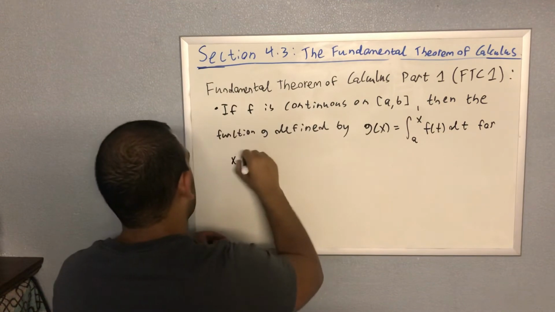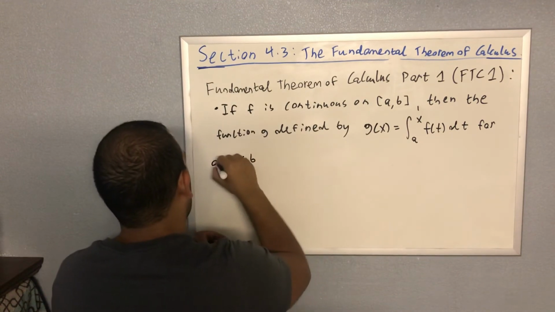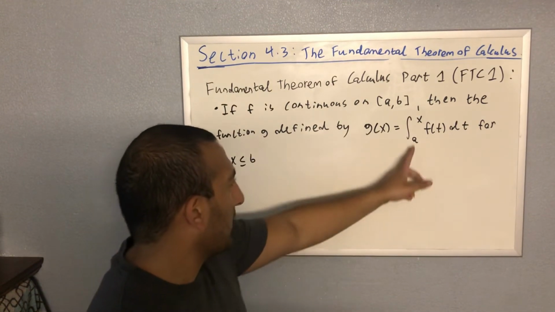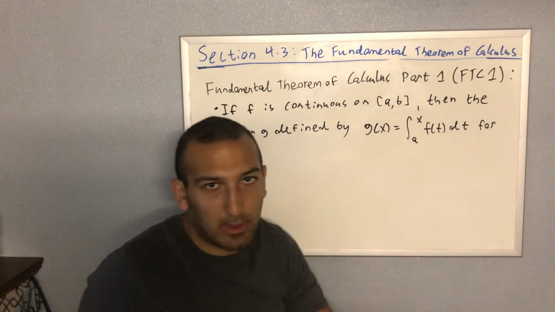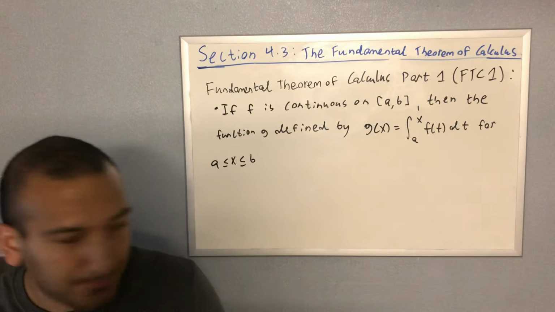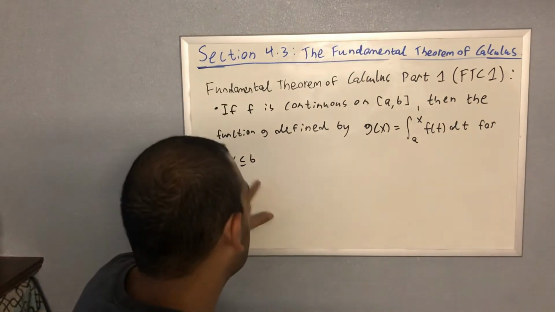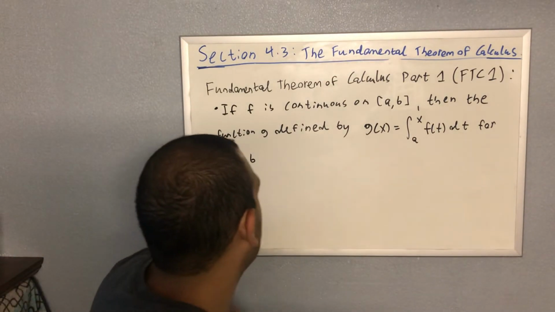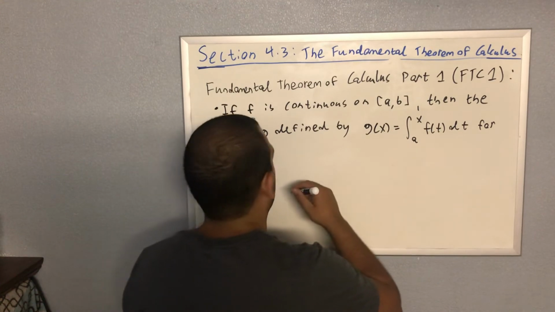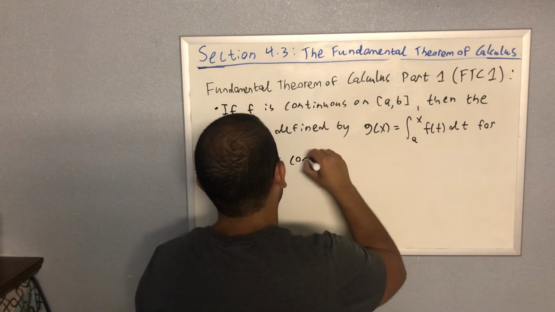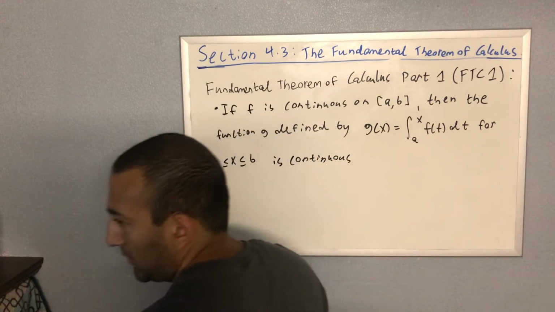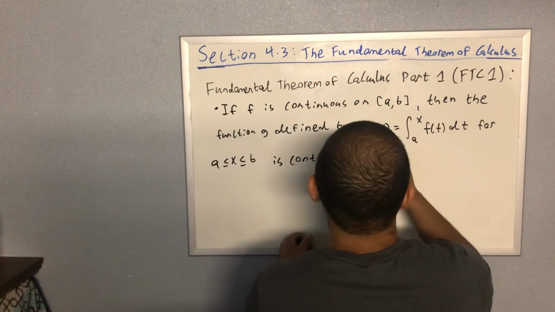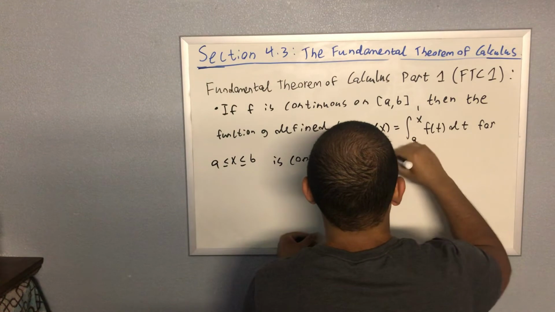so the x's that we're allowing are between a and b, right? We can't stick a number larger than b into here because we don't have a notion of what that is. So for this, this function g is now continuous, is continuous and differentiable actually.